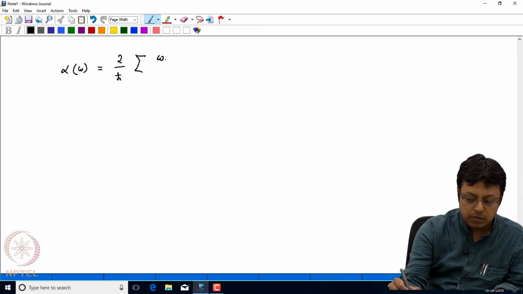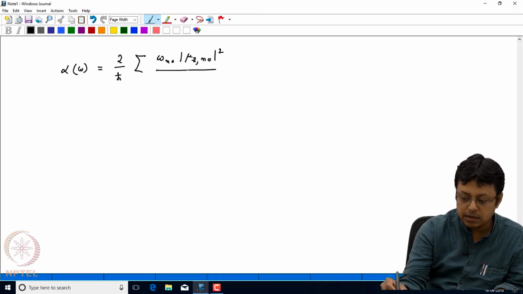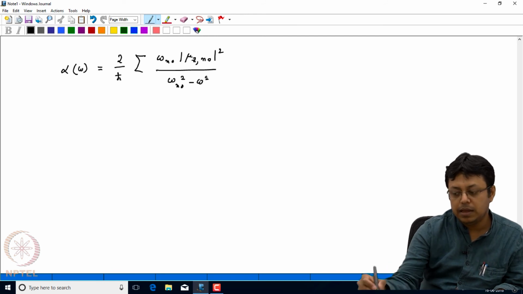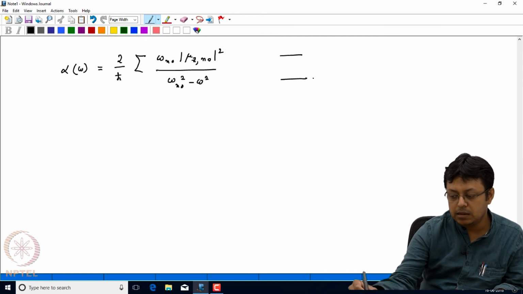It tells us that if there is a frequency omega n 0, then the mu z component corresponds to a transition of omega n 0, which is basically the frequency of transition.